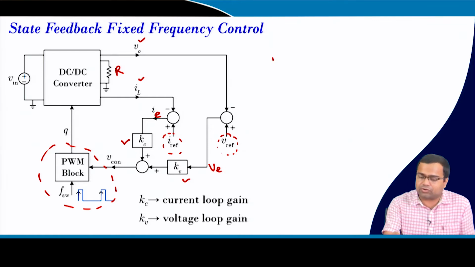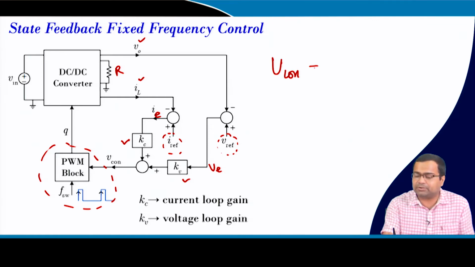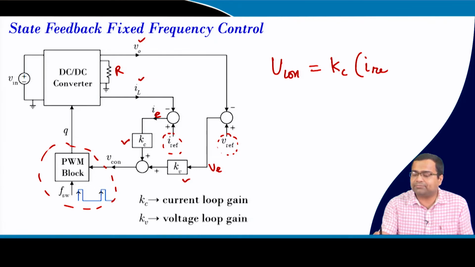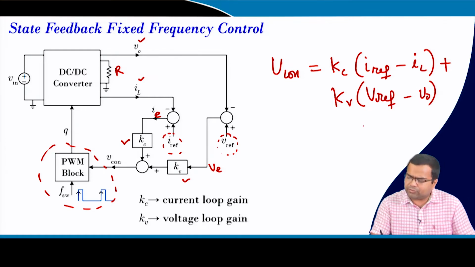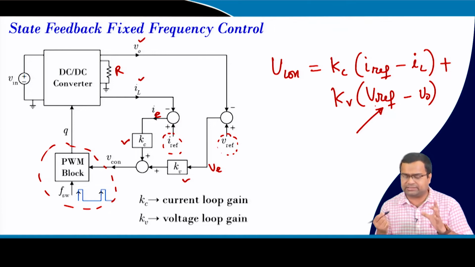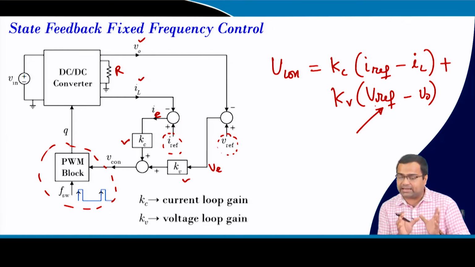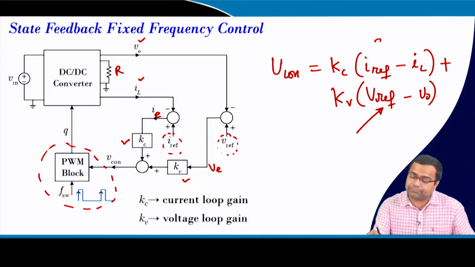That means our control voltage consists of Kc into (Iref minus IL) plus Kv into (Vref minus V0). While Vref is known, because it is the reference voltage given by the designer, that we need to regulate at, this is something that we have to find out.